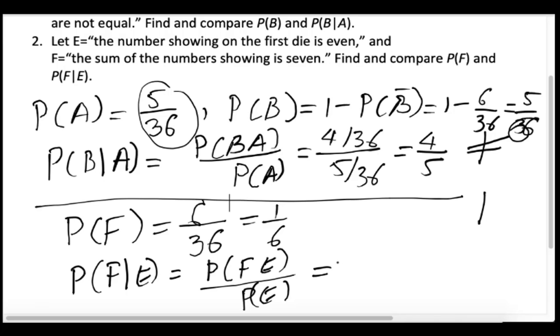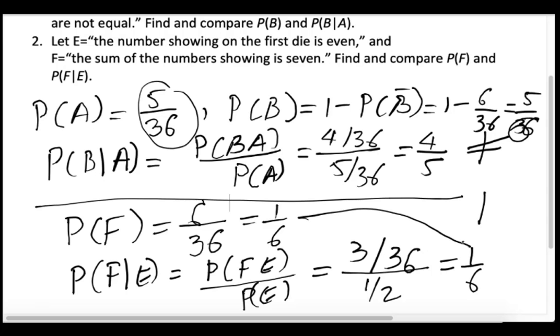So you get 2 and 5, 4 and 3, 6 and 1. So you get 3 options over 36, divided by the probability of E, which is the probability that the first die is even. So you get 1/2, right? You simplify this fraction to get 1 over 6. Now you compare these two numbers, you see that they are exactly the same.